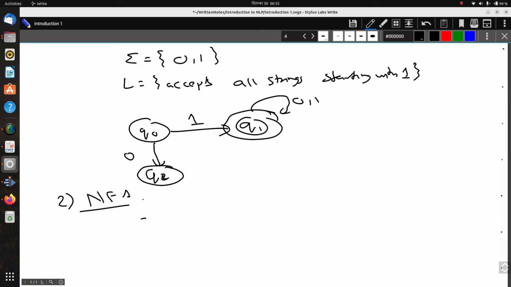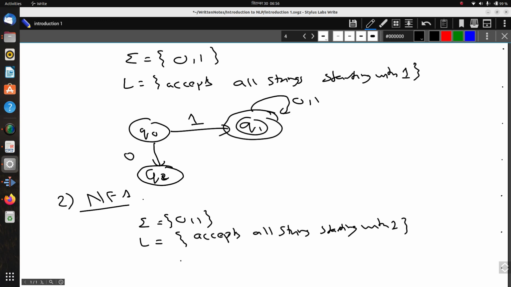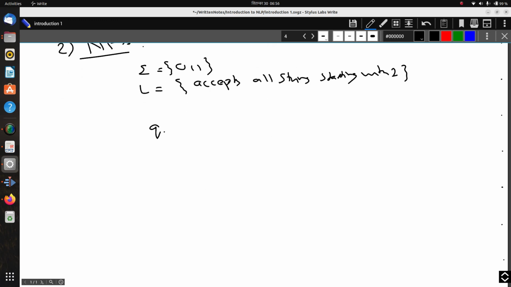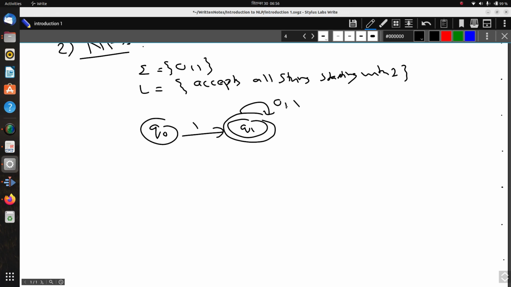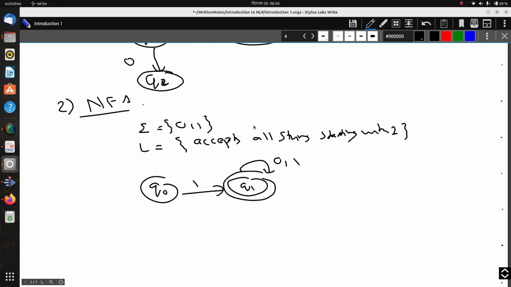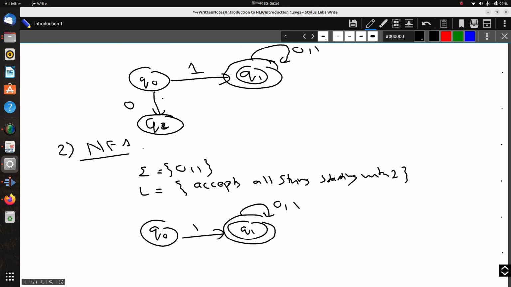Okay, when I say my alphabet collections are 0 and 1, and my language accepts all strings starting with 1, if I build an NFA here, I'm at Q0, I give 1, I reach Q1, which is my final state, and if I give any other numbers, I stay at Q1. But in case of DFA, I had to define what the input 0 does here, but in case of NFA, it's not compulsory for me to define what the input 0 does.